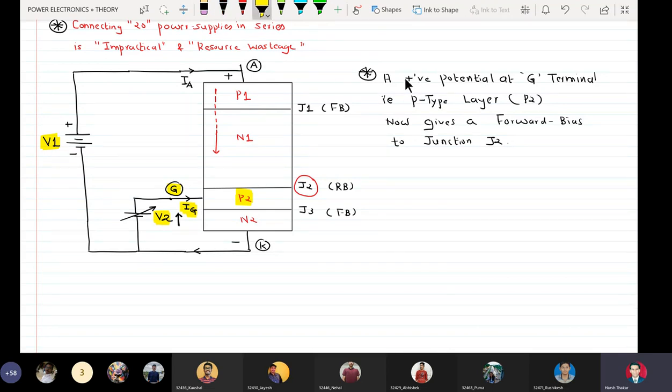Let me add. Okay, so a positive potential at gate terminal, that is the p-type layer P2, now gives a forward bias to the junction J2.